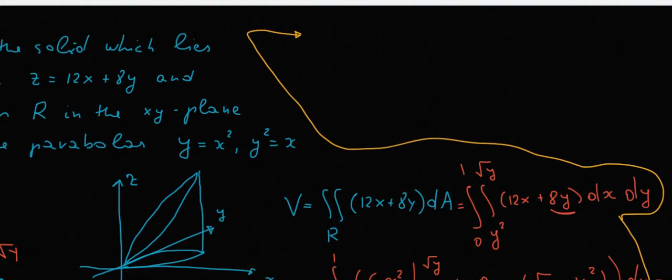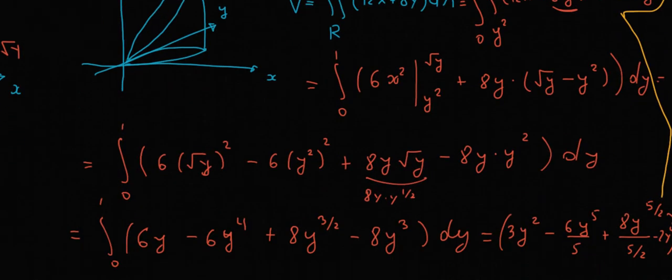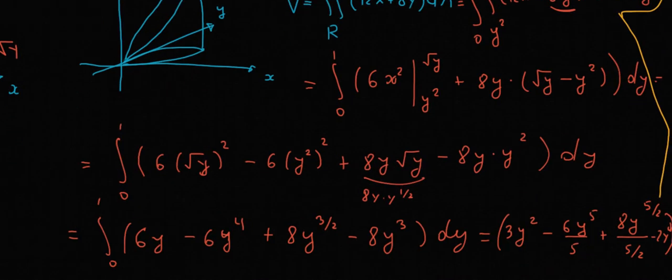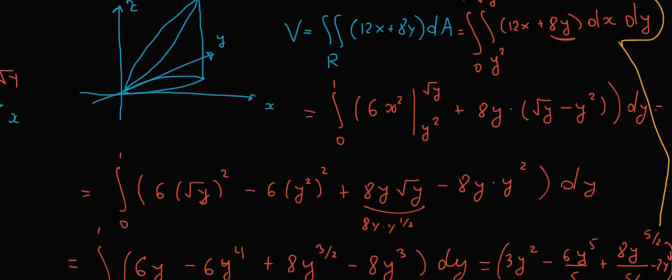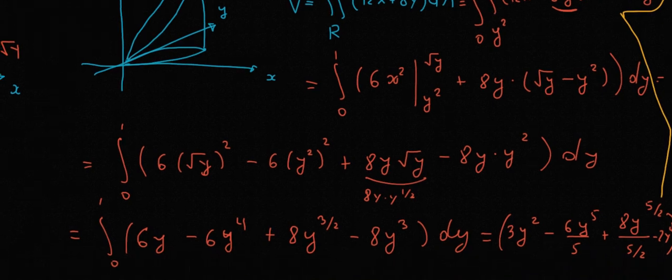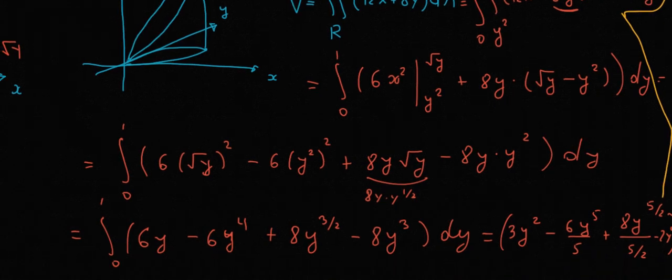3 minus 6/5. And then we'll have 8 divided by 5 halves. That's going to be 16/5. And then finally we have minus 2 times 1 to the fourth.